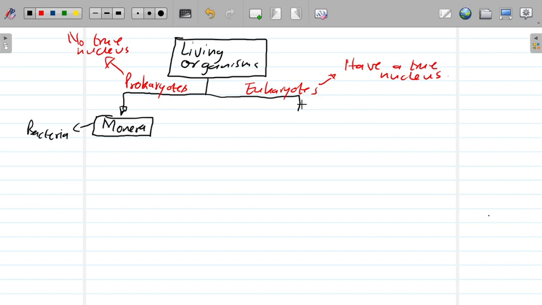All right, fine. What about these guys then? These guys now are eukaryotes. Those are the ones that have a true nucleus. So how do we classify them? What are their characteristics? If you are eukaryotic, first things first.